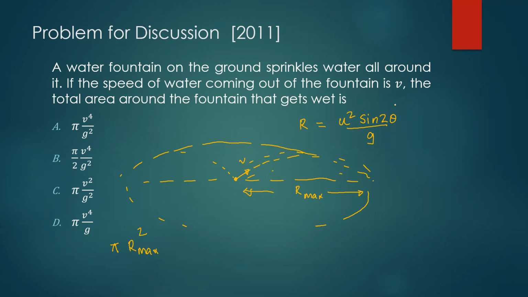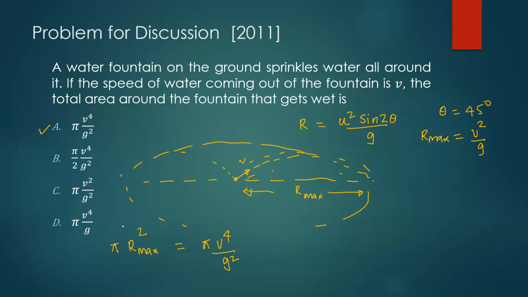So theta is 45 degrees. R max would be, since the initial velocity is v, v square by g. If I substitute here, I'll get pi into v to the power 4 by g square. And then the answer should be A.